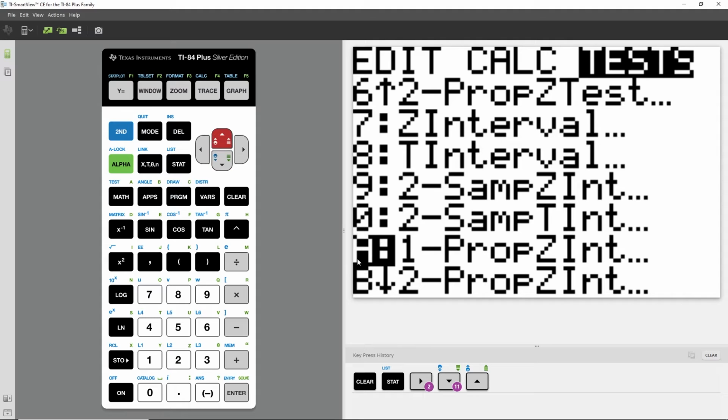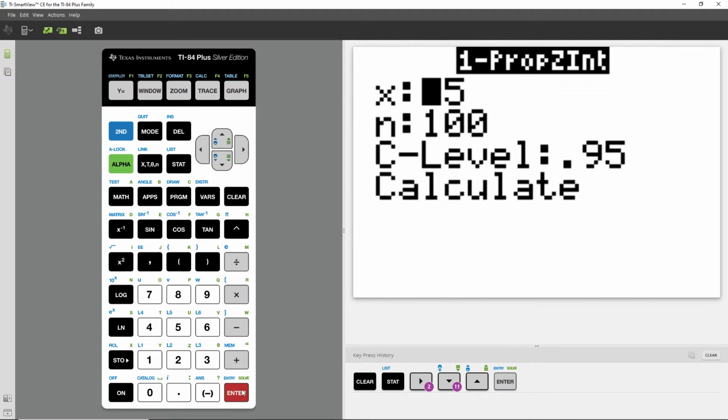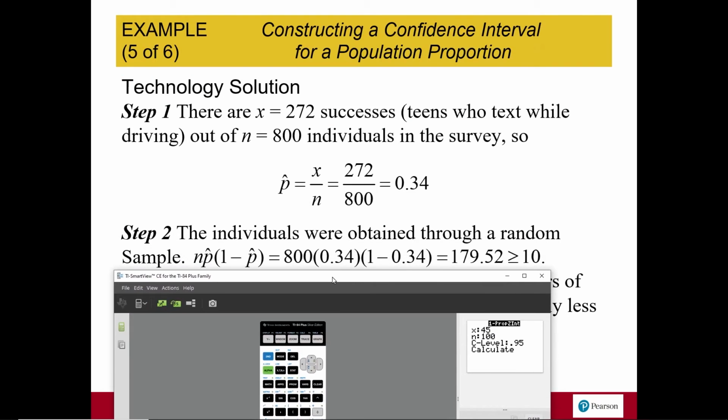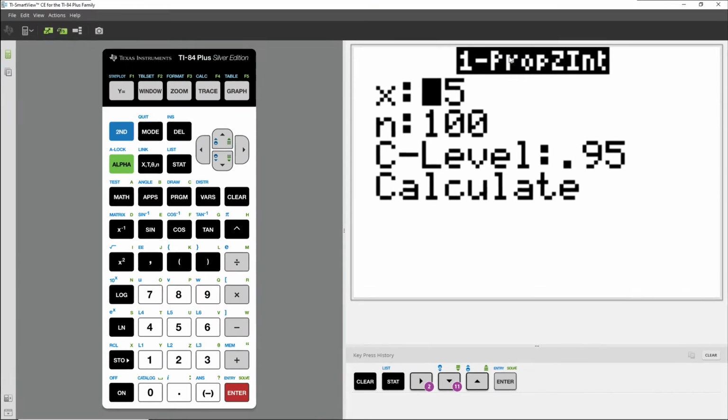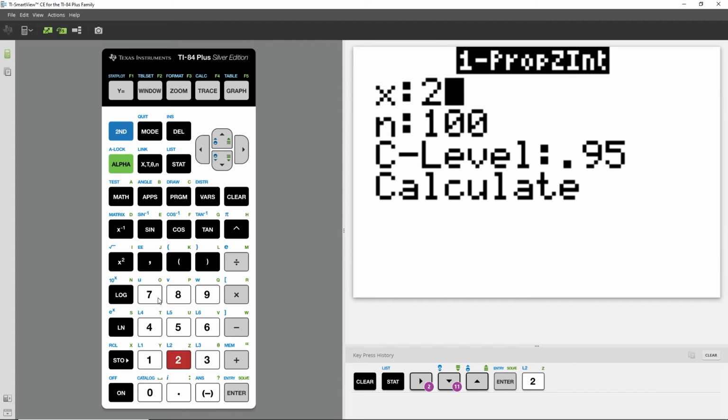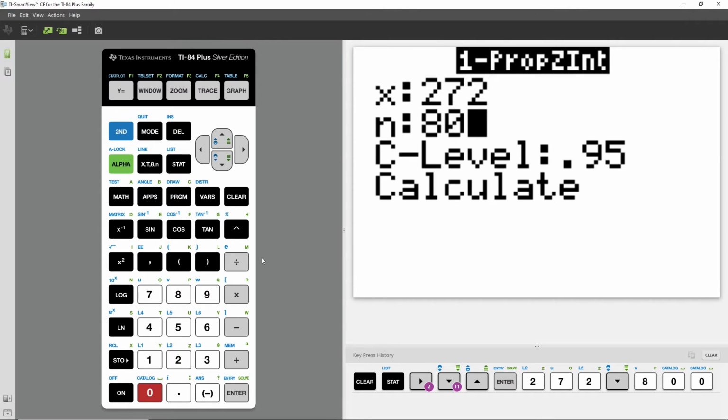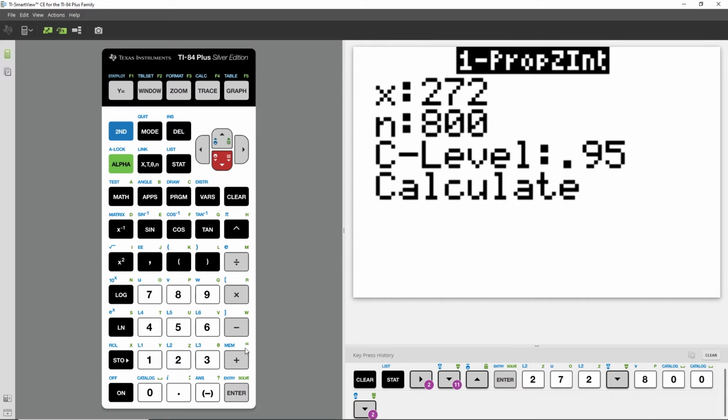Here we put in our success is 272, and also n is 800. And our confidence level is 0.95, that's good.